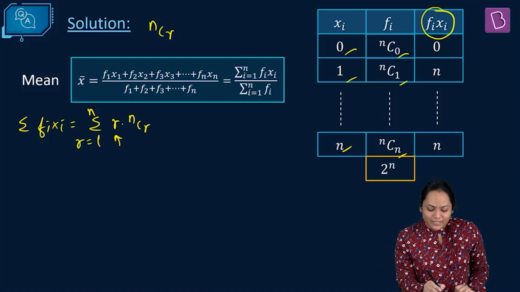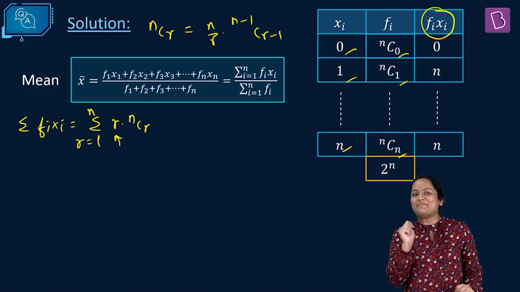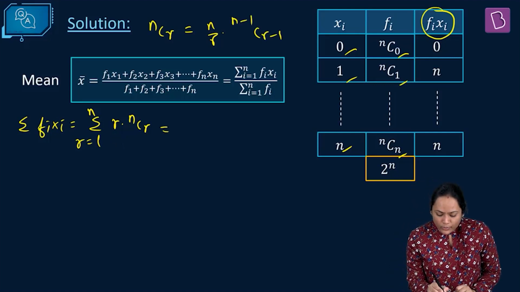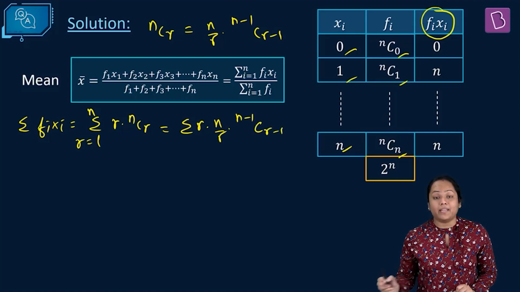Well, it can be written as nCr is equal to n by r multiplied by n minus 1 C r minus 1, right? So when I substitute this here, it's going to become summation r multiplied by n by r multiplied by n minus 1 C r minus 1.